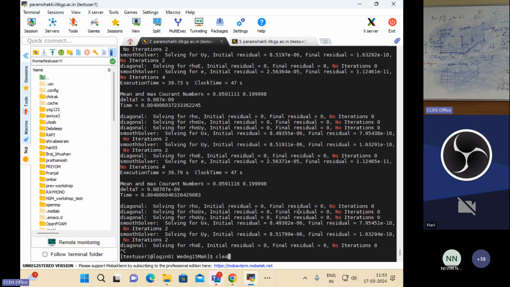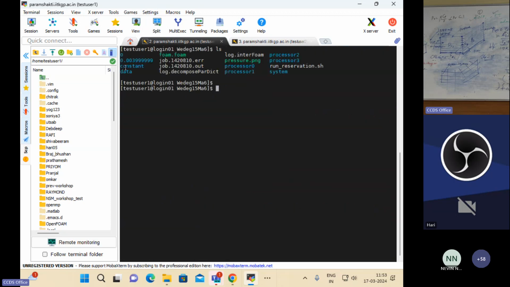So ultimately, what we need is this zero, constant, system. I'll go out and download the data.